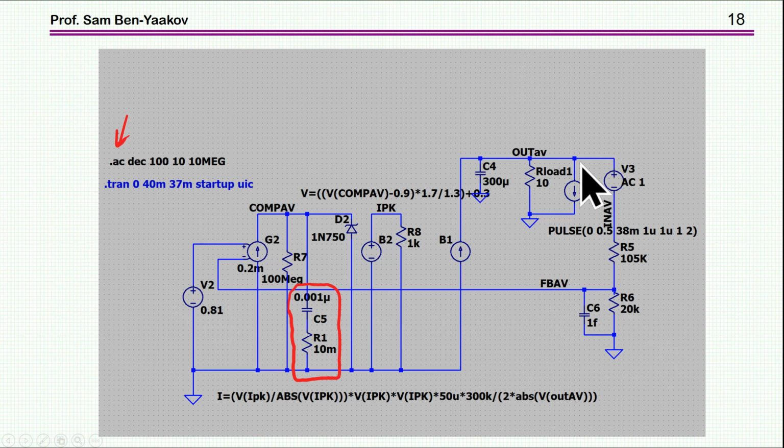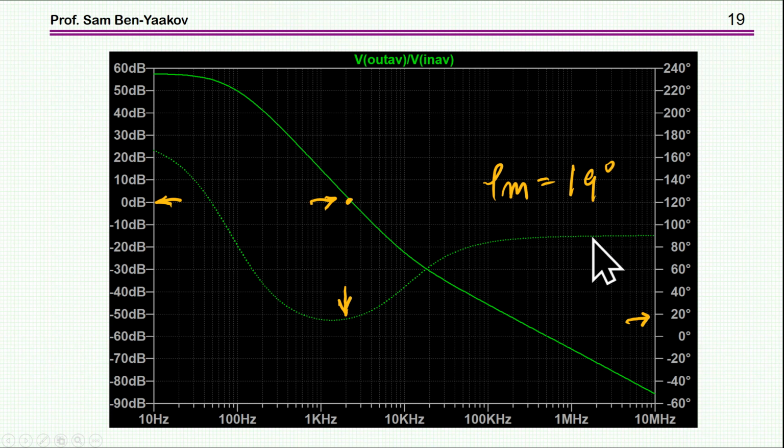So the ratio between the voltage here and the voltage here is in fact the loop gain of the system. This is the main power of the average model, that you can get the AC response, the small signal response around the operating point, which is very important for optimizing the compensation network. So here it is. This is now the loop gain. This is the gain, and this is the phase.